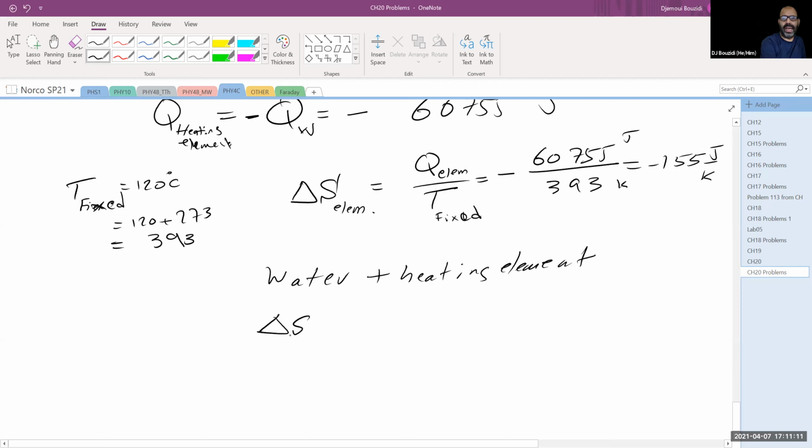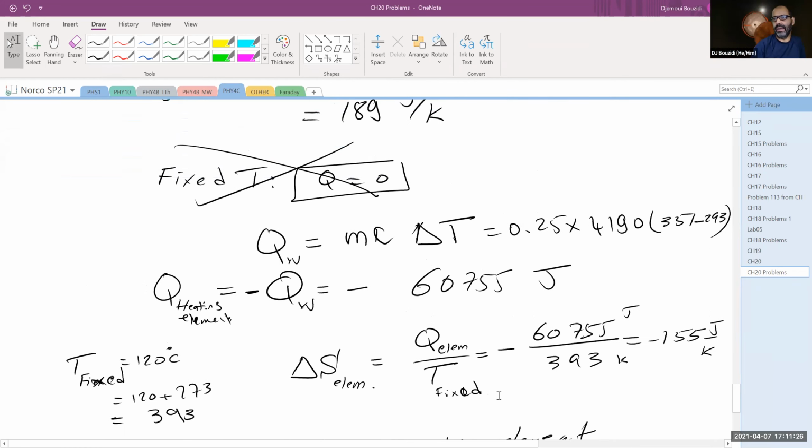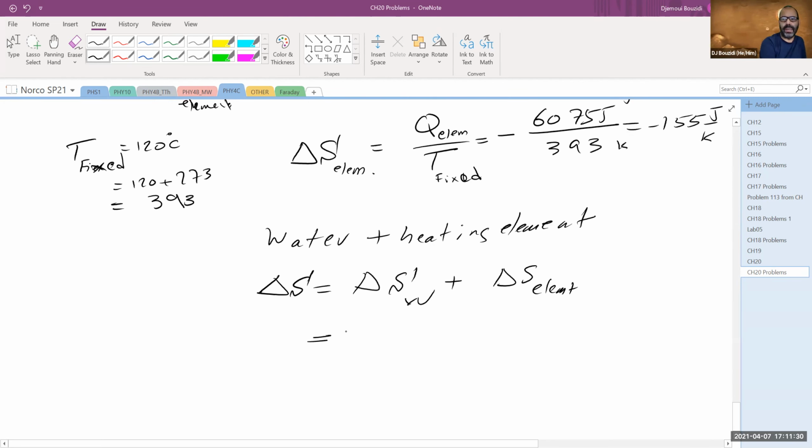So in this case, the delta S for that is going to be that of the water, added to it that of the heating element, and this must be overall positive, and I will say why. So it's 189, was it 189? Yes, positive 189, minus 155.